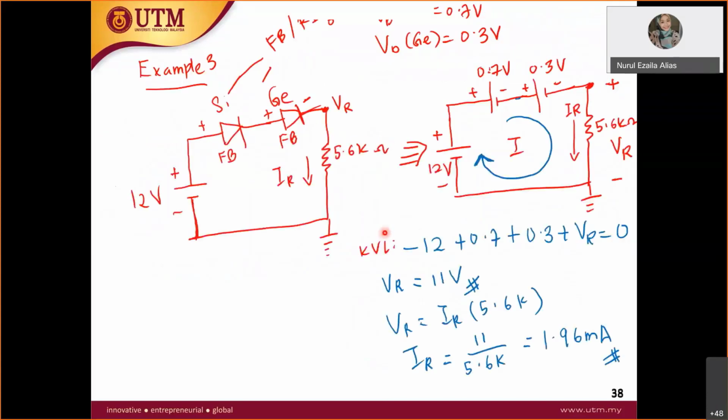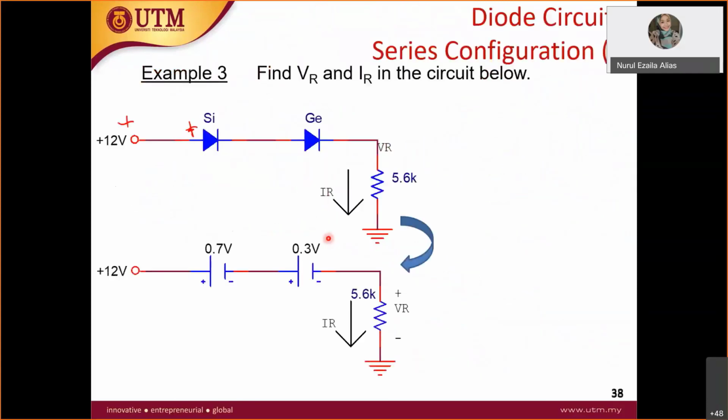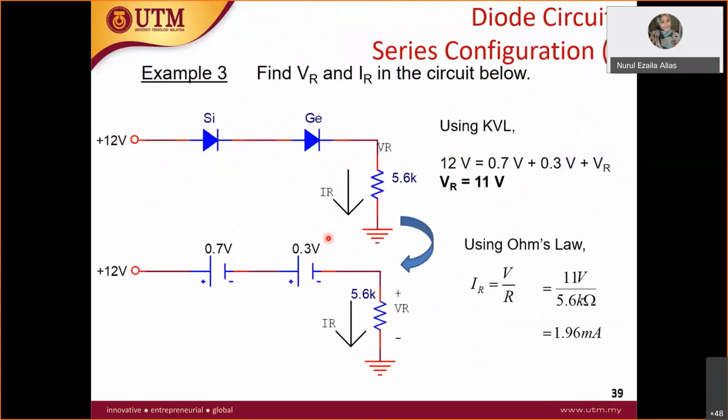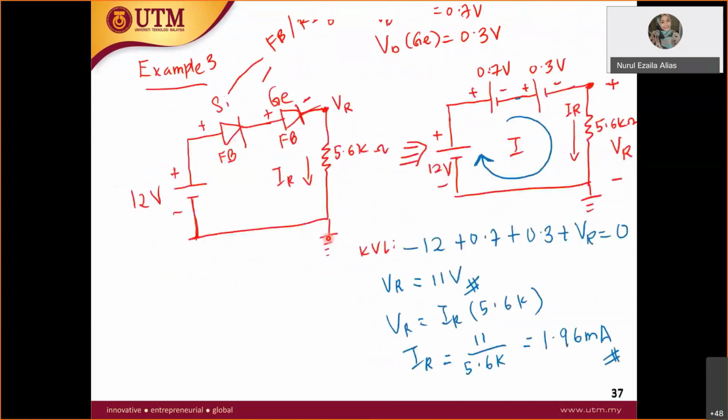So for this case, VR from this node to the ground, current going from this node to the ground, means plus minus.